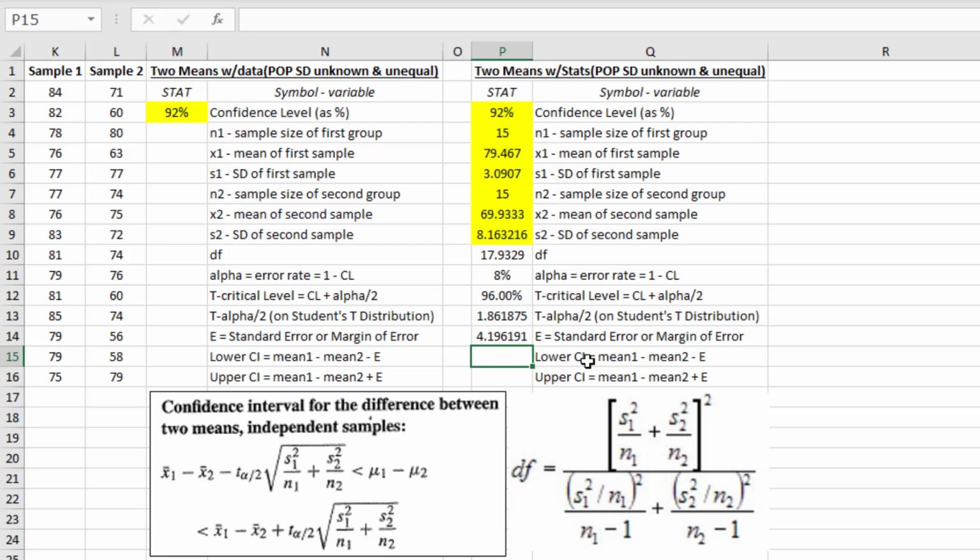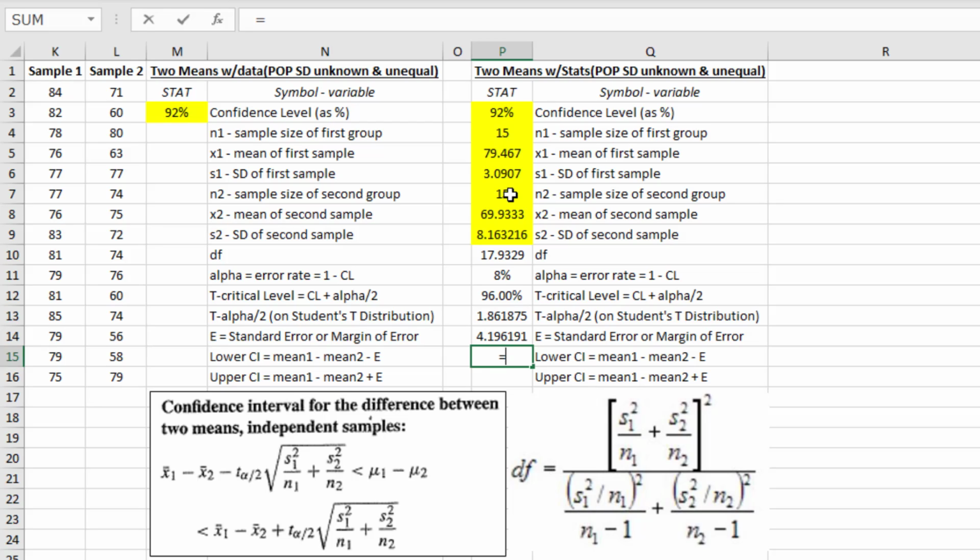Then the lower confidence and upper, they're the same in all of our calculators. They simply just equal whatever our measurement that we're dealing with is for this particular thing, the thing that we're building around. In this case, we're building around the difference of means. So it's going to be mean 1 minus mean 2 minus the margin of error, and then so on and so forth.